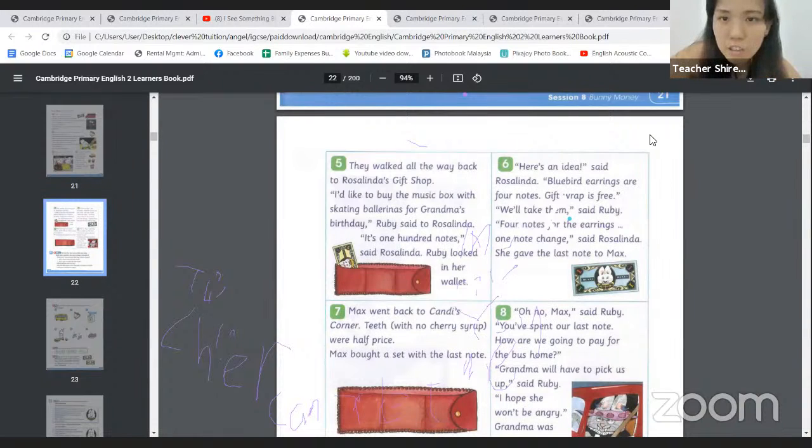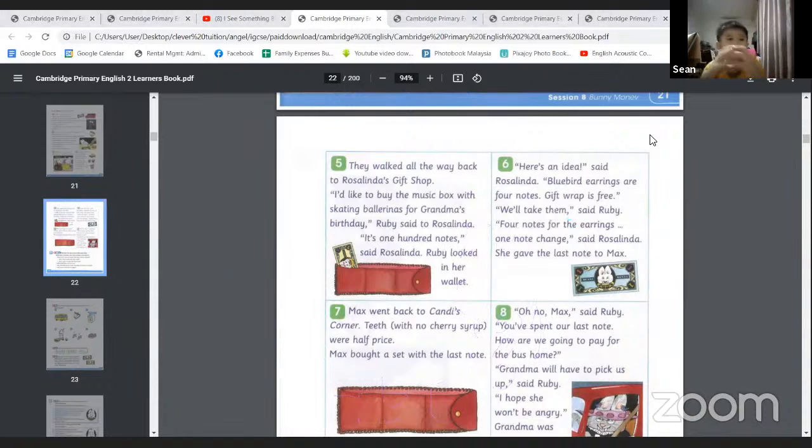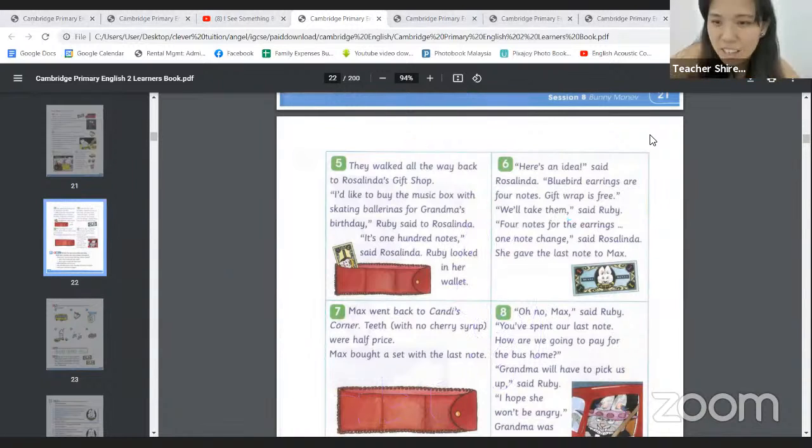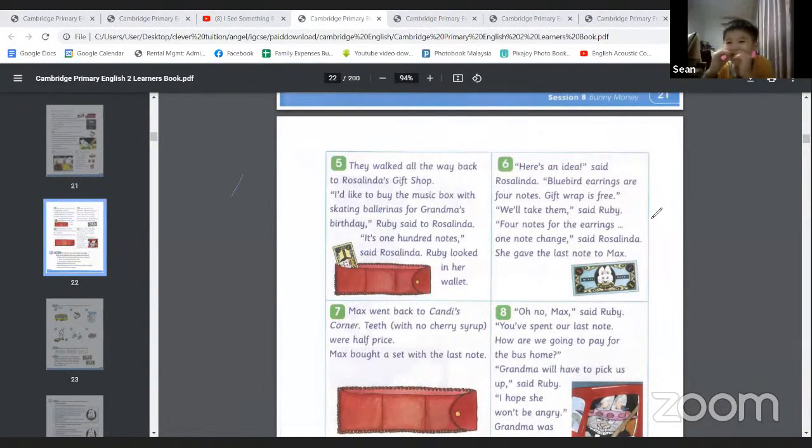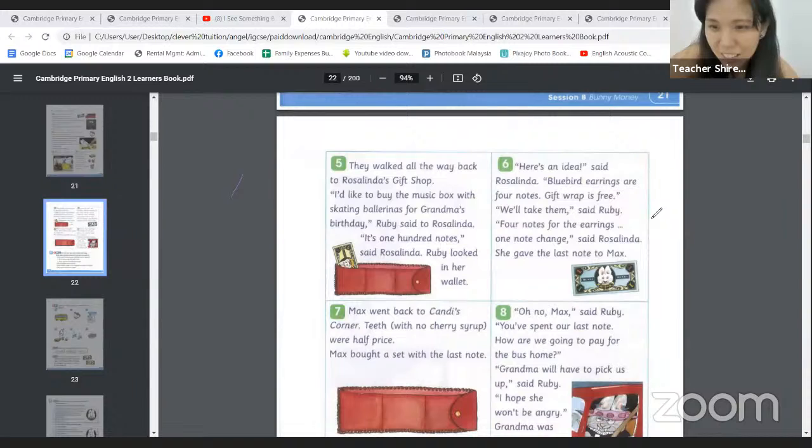When Ruby looked into her wallet, what happened? The money in the pocket has been stolen. Then what happened? And he cannot go home. And then a fairy appeared. Who appeared?